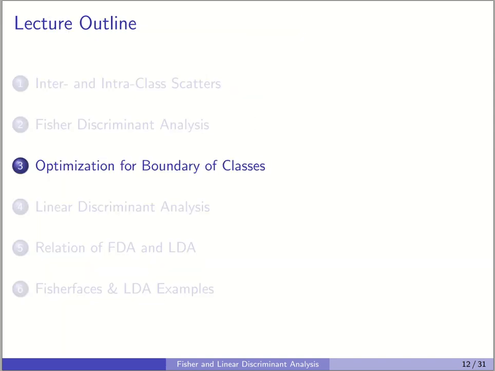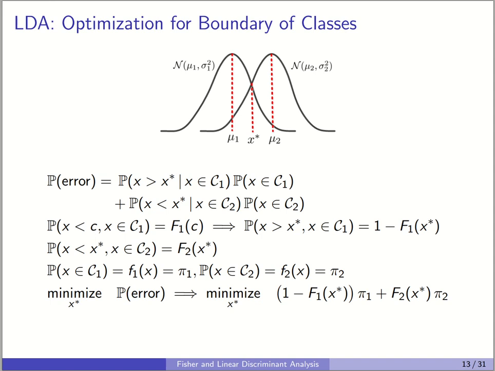Now we switch to LDA, linear discriminant analysis. Fisher discriminant analysis is over, and we'll discuss later the relation between these two. So what is LDA? Assume that we have two classes, each of which has a Gaussian distribution, N(mu1, sigma1 squared) and N(mu2, sigma2 squared), and each of them has a mean.